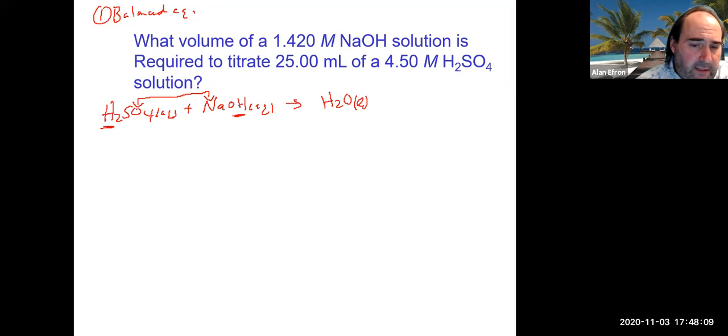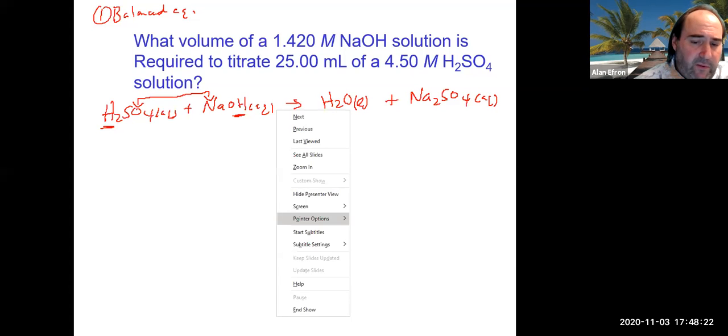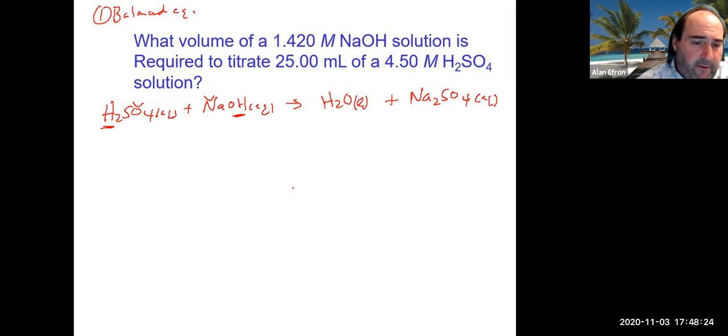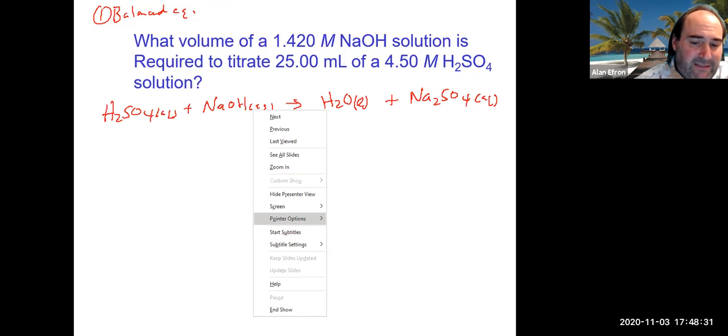And remember that we do want to make sure we get the proper formula down first. And that is the proper formula here for sodium sulfate, sulfate being -2, sodium being +1. Now that we have it, we want to make sure that it is balanced.